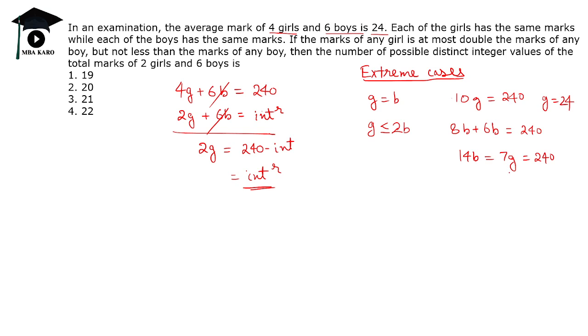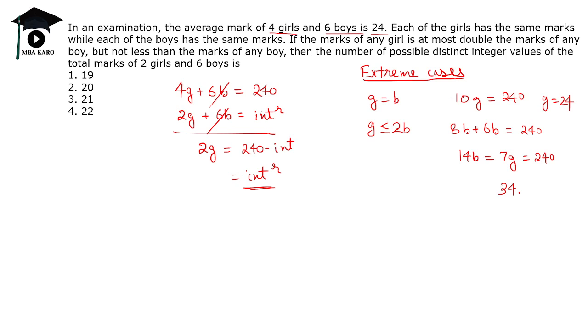So if we find the value of G corresponding to that, 240 by 7 is basically somewhere around 34. Okay, so 34 into 7 is 238. So you will get 34 point something, right? So you will get till this range.